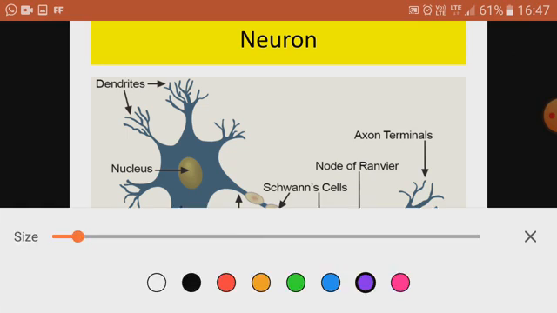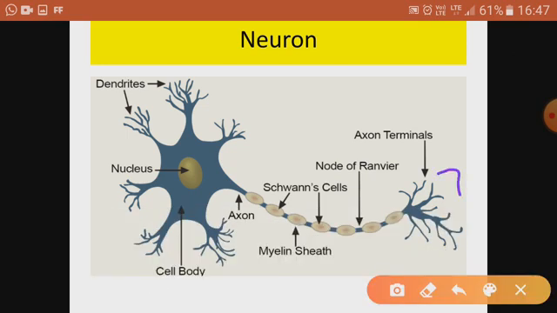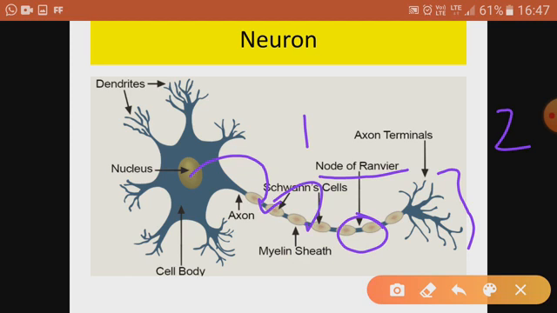The first reason is the presence of synapse, which is present here. That is the junction between neuron 1 and neuron 2. The second reason is the presence of node of Ranvier. This node of Ranvier is also very important because when the nerve impulse passes, it passes like this, and these nodes are very important for faster conduction.